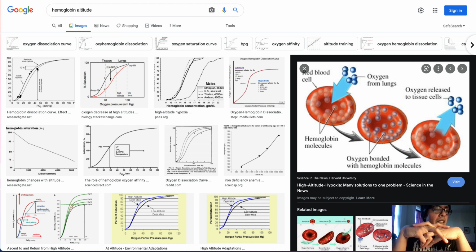So let's say at sea level, I believe the atmospheric pressure is 760 mmHg, or 1 atm, 1 atmospheric pressure. The oxygen that you breathe in is about 21%, or like 120-something partial pressure.